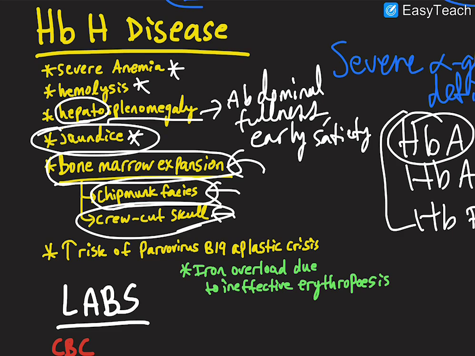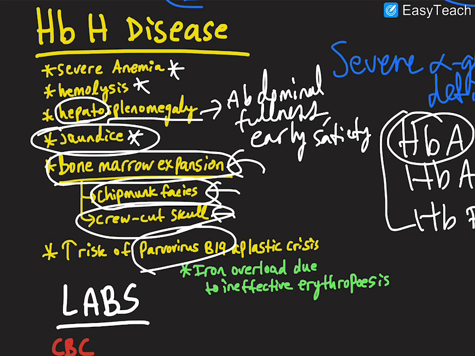So if you already are not producing functional red blood cells, and on top of that, you get a parvovirus B19 infection. Why would that be bad? Because parvovirus B19 literally turns off red blood cell production. Okay, it inhibits erythropoiesis, and on top of that, you have ineffective erythropoiesis.